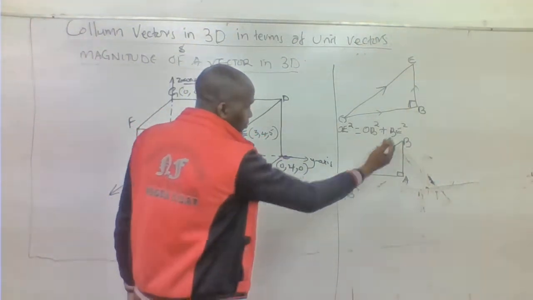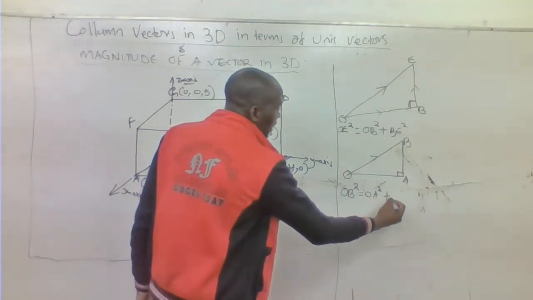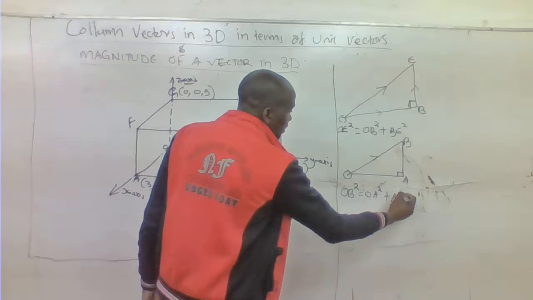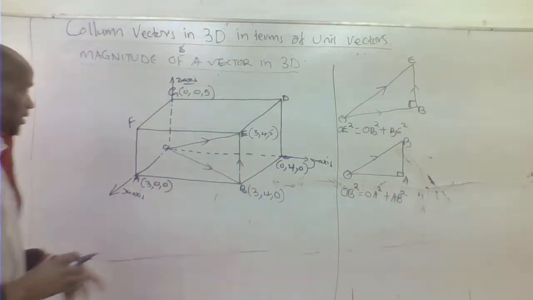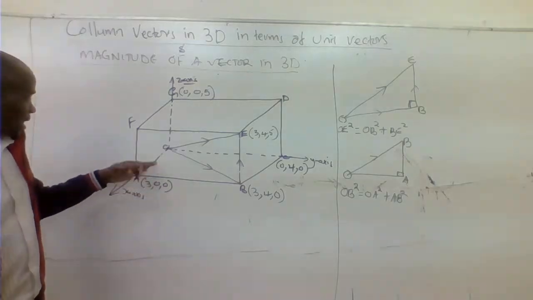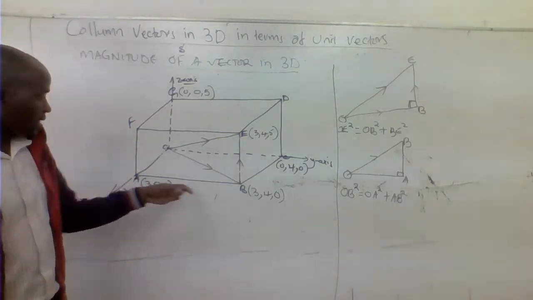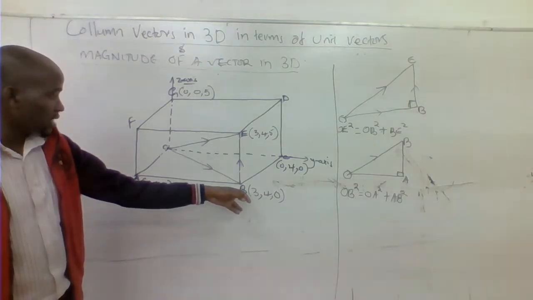So we now have OB squared equals OA squared plus AB squared.